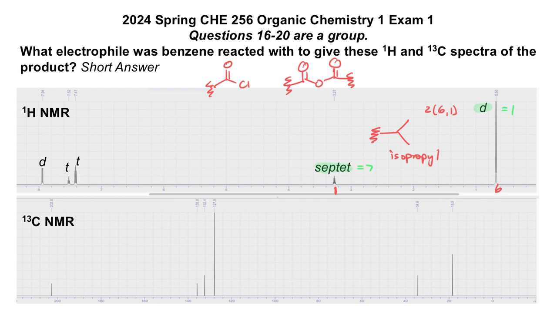So you plug those 2 fragments together, the acid chloride part and the isopropyl part, and the IUPAC name of this would be 2-methylpropanoyl chloride. It's also called isobutyryl chloride. That's fine as well. So the IUPAC or common name was accepted as the right answer.